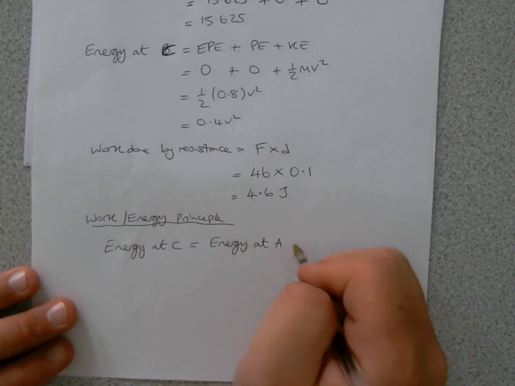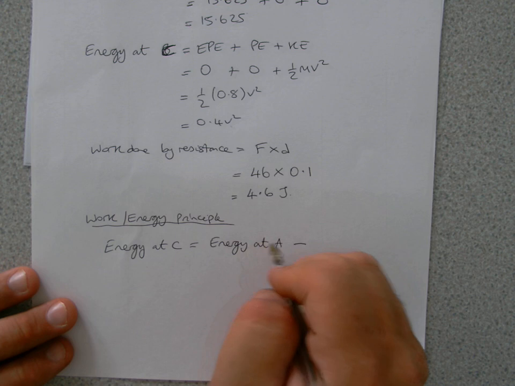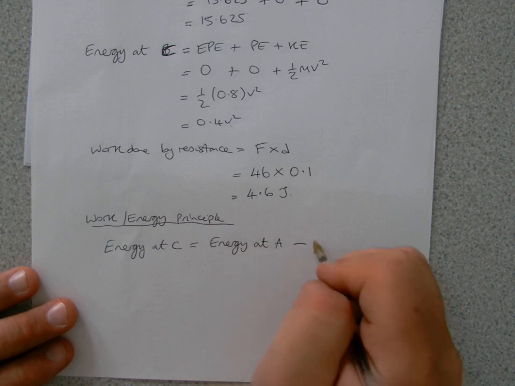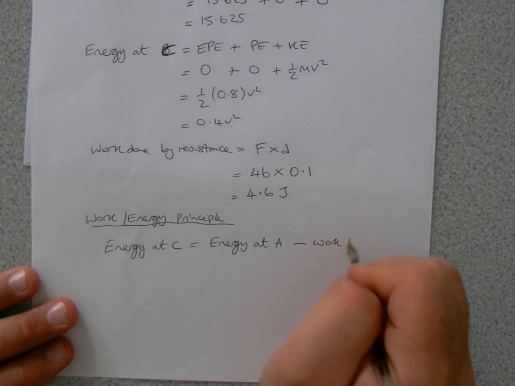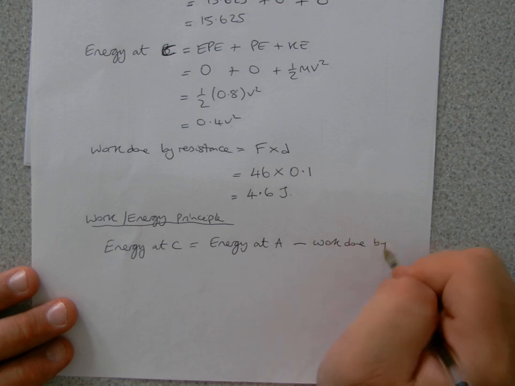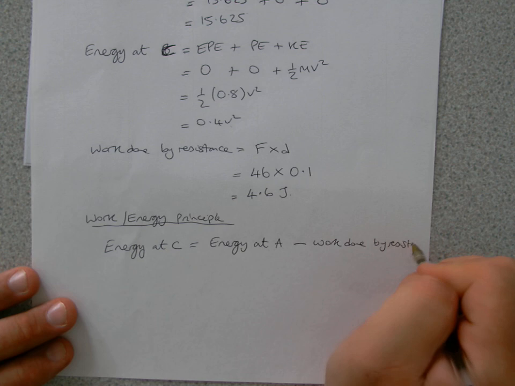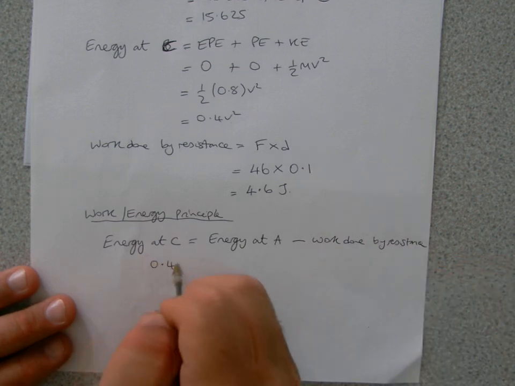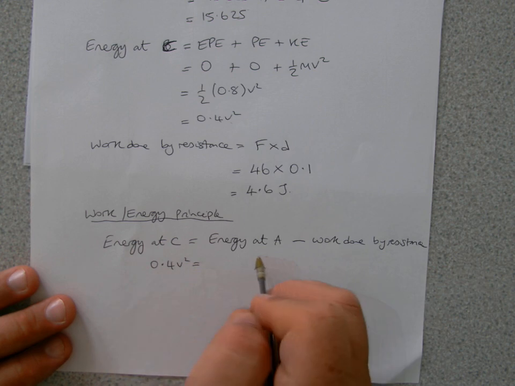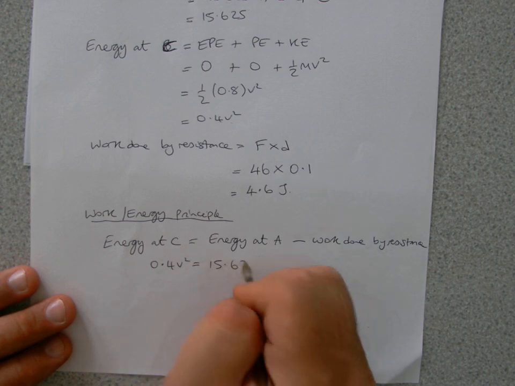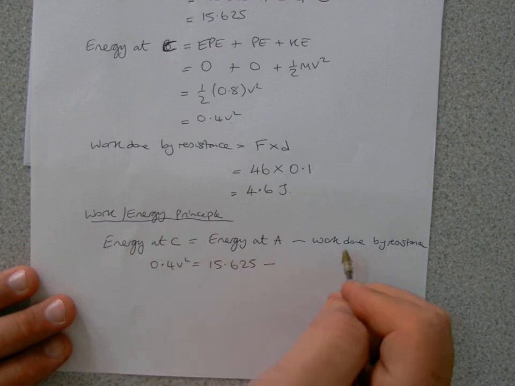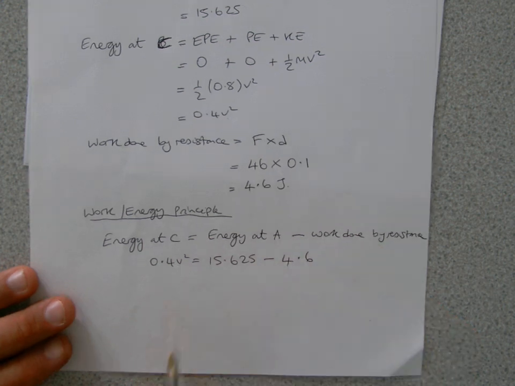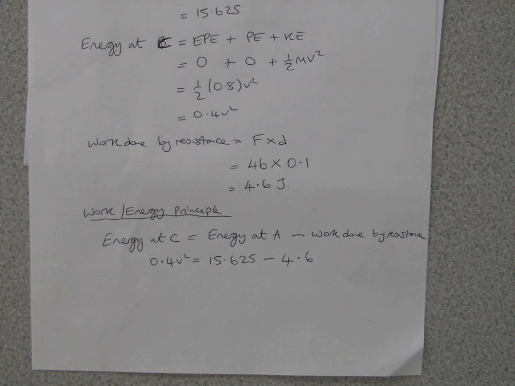But what I can do is take away from the energy I had at A, due to the energy stored up in the spring, the work that's been done by the resistance. So the energy at C is 0.4 v squared. The energy at A is 15.625, the energy stored in the spring, and the work done by resistance is 4.6. So it's just a little bit of algebra that we've got to do.